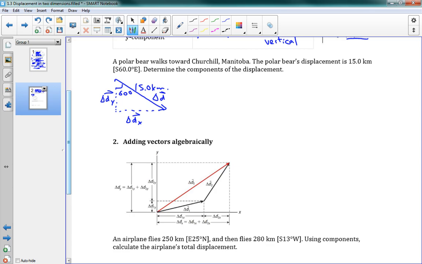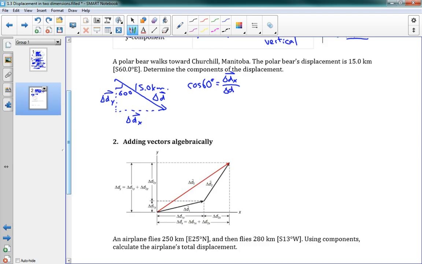So if we want to get those components, again, using this angle, I'm just going to start by looking at cosine and sine. So I can say cosine of 60 degrees is equal to opposite over hypotenuse. So we have displacement x over the displacement.